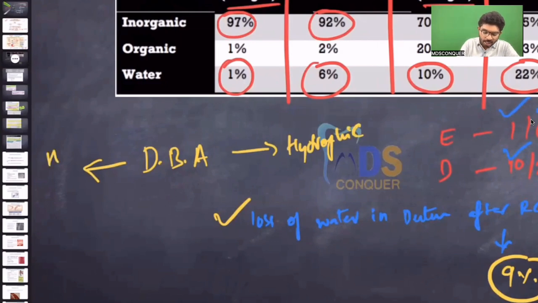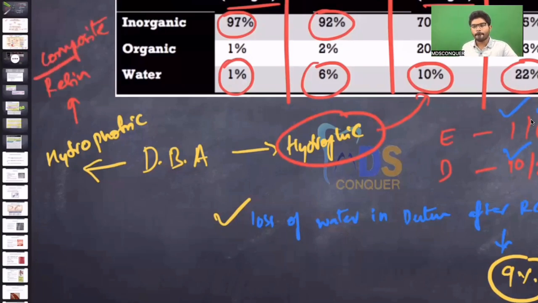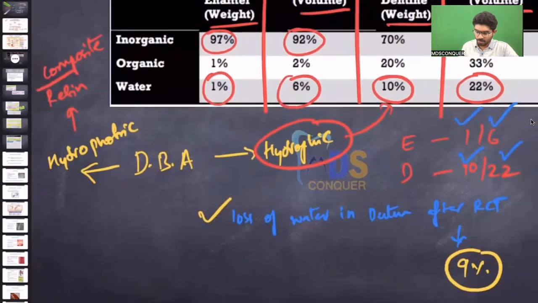Hydrophobic bonds to which structure? Dentin is having water, so one side is going to bond to the dentin. So hydrophilic is going to bond to the dentin. Hydrophobic is going to bond to the resin or composite, your DM concept. Clear? Okay, chalo. I'm moving to the next one.